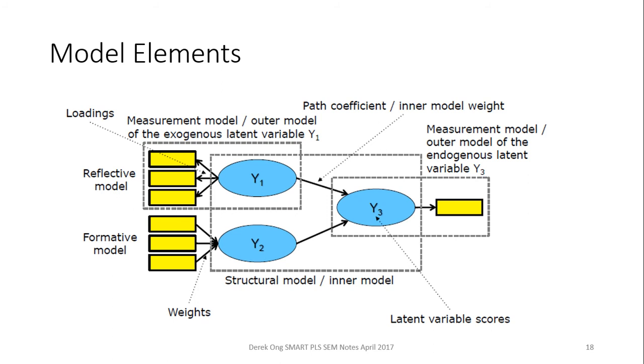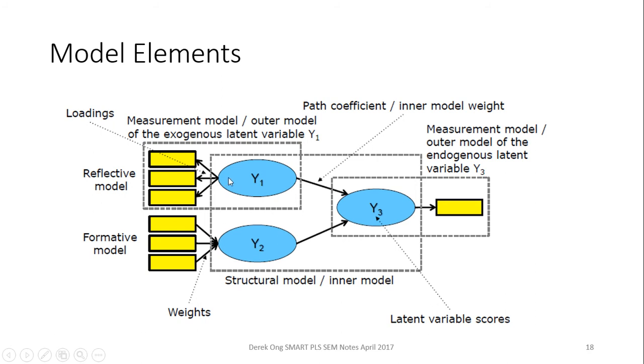So the first thing we do in SmartPLS is always to analyze the measurement model, which is this one. There are three measurement models here, as you can see, and then you analyze the structural model, which is the inner model. We call this the inner model, which is kind of like the regression analysis equivalent.